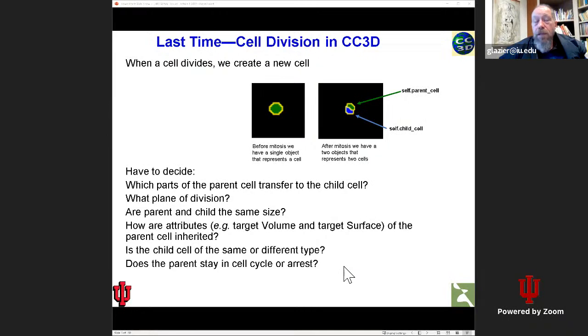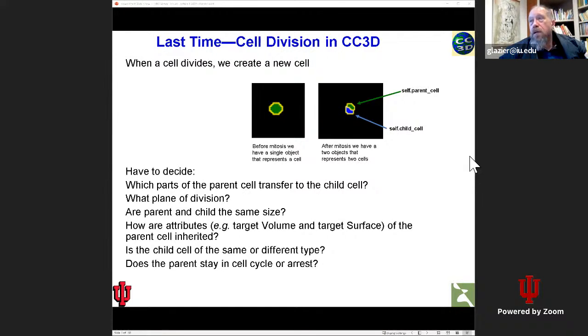The big thing that we did last time was talking about how to do cell division in Compucell. The key thing about cell division is that when you divide, you have a new cell appear, and you have to decide in particular what pixels or voxels of the old cell get transferred to the new cell.